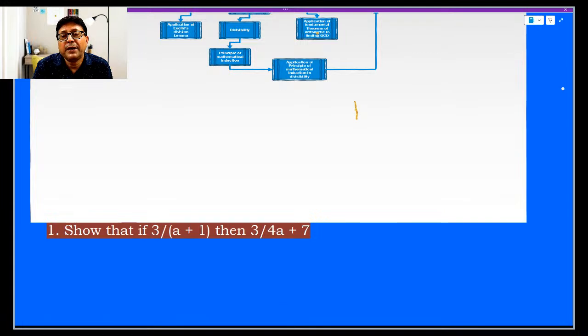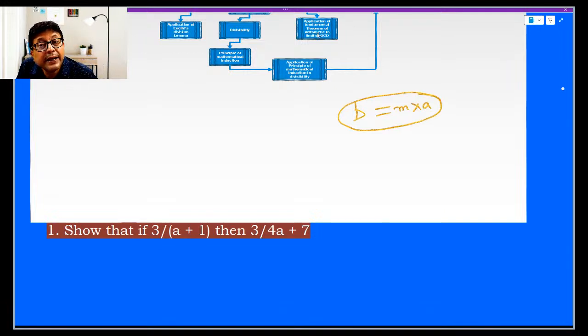So if number b is there, we can write b equals m into a when b is completely divisible by a. a, b, m all are integers.